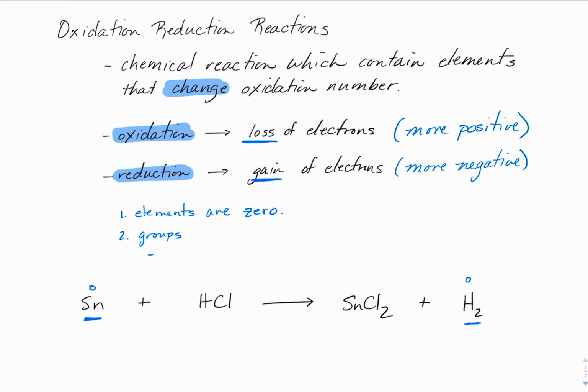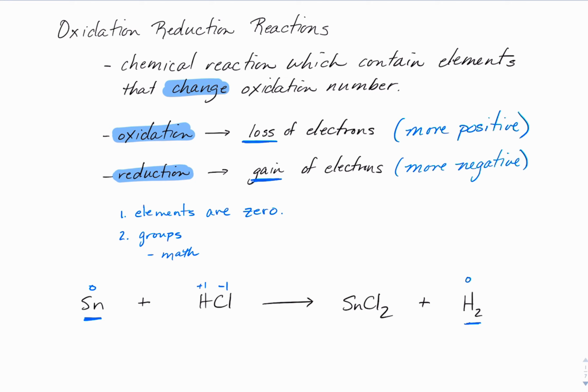So sometimes you might have to do some math in order to figure out what the middle element is in a compound. In this particular case, we have HCl and SnCl2. There is no third element in these compounds, so we won't have to worry about that here. So we'll start out looking at HCl. Chlorine is in group 7, so it has a -1 oxidation number, and hydrogen is in group 1, so it has a +1 oxidation number.